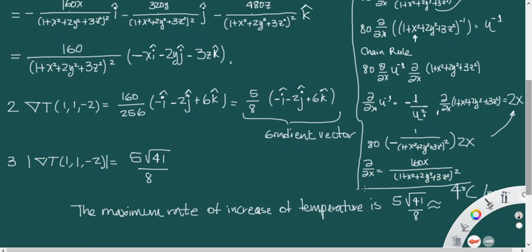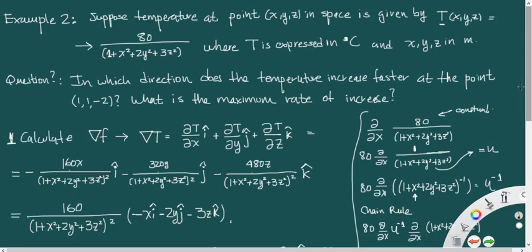And this is the result of the first one. This is more about how to get the partial derivatives. So this is the first one, and you can repeat the same procedure to get the other two. So now we have it clear how to get the partial derivatives with respect to x, with respect to y, and with respect to z.